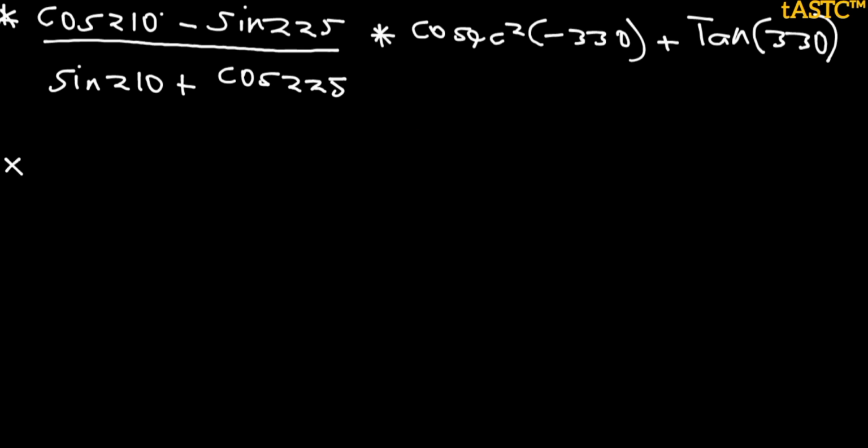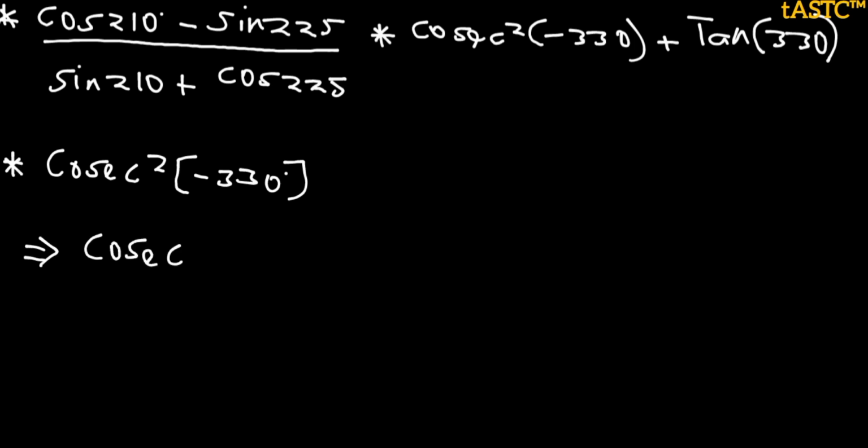Here we have a cosecant squared of negative 330 degree. Now, we need to understand that this is a reciprocal of a sine. So let us take it more gradually. This could also be written as cosecant negative 330 degree, all squared.